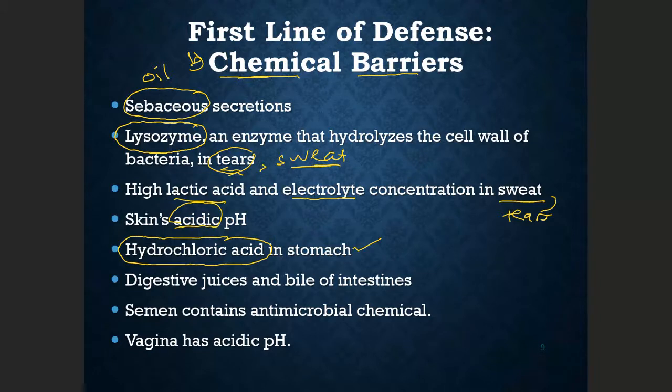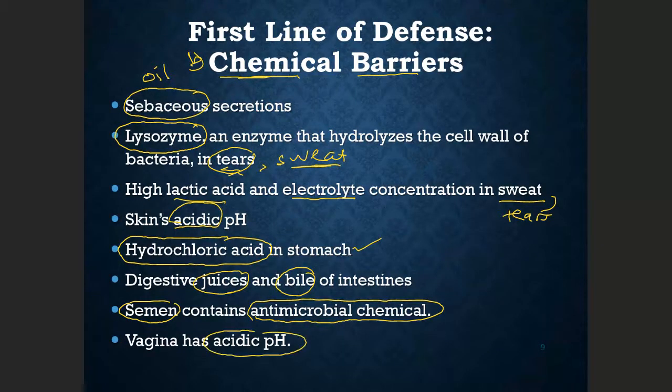The digestive juices, enzymes, and bile in our intestine are also able to destroy some types of microorganisms. Cerumen also contains some antimicrobial chemicals that will destroy some microorganisms. The vagina also has an acidic pH, which helps that structure kill several types of microorganisms. So this is the chemical barrier.